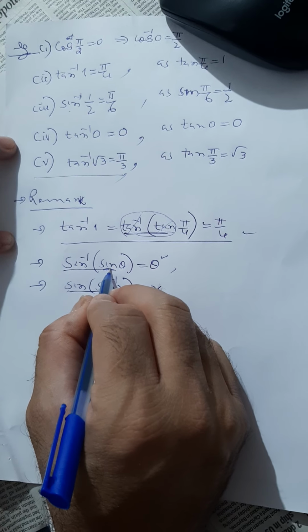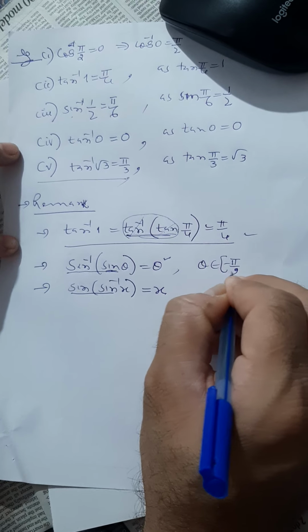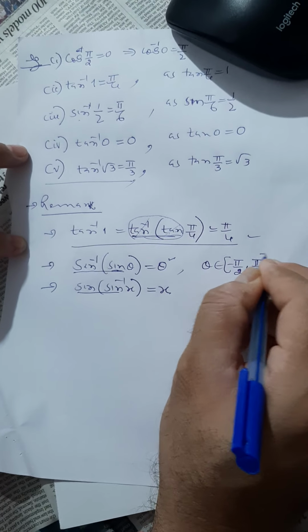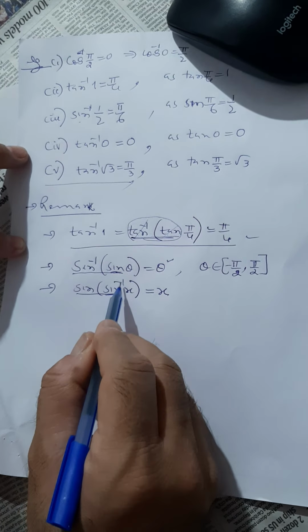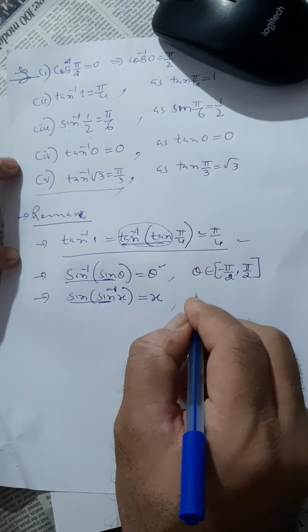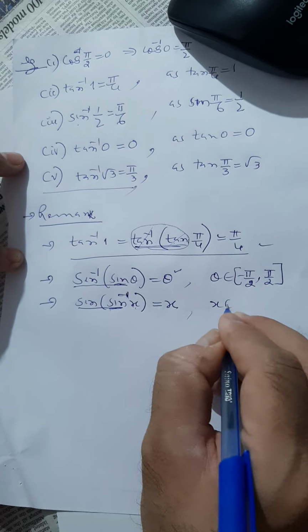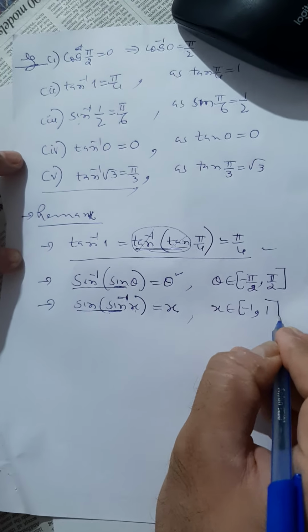What's the domain of sine function for which it is one-one and onto? That is minus pi by 2 to pi by 2. Here x will come from the domain of sine inverse function. So what is domain of sine inverse function? You just recall that earlier point. So x comes from minus 1 to 1.